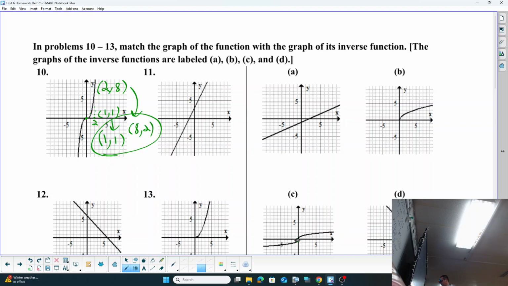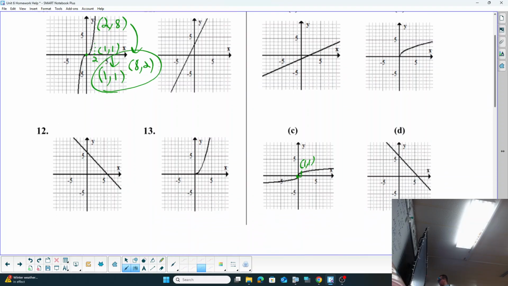So that's 1, 1, and then over 8 up 2. There's our switch. You'll notice it just kind of switches about like the inverse.